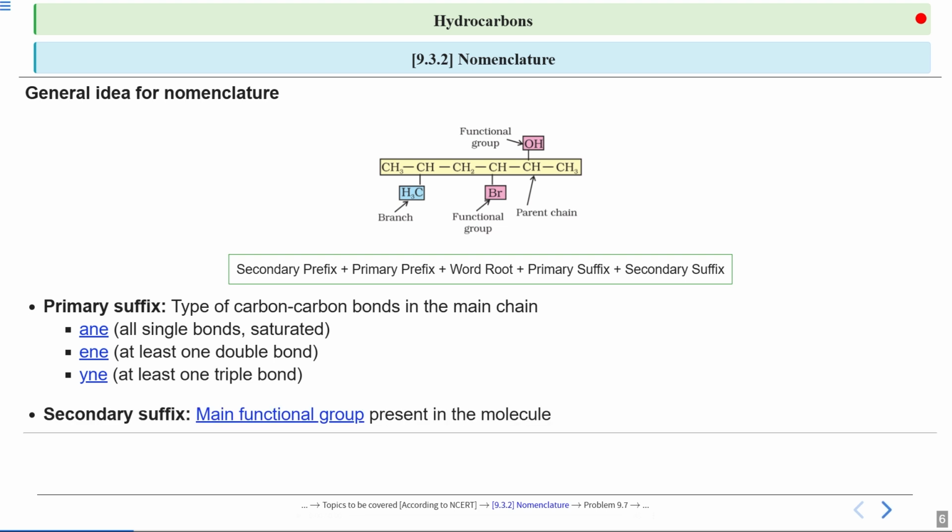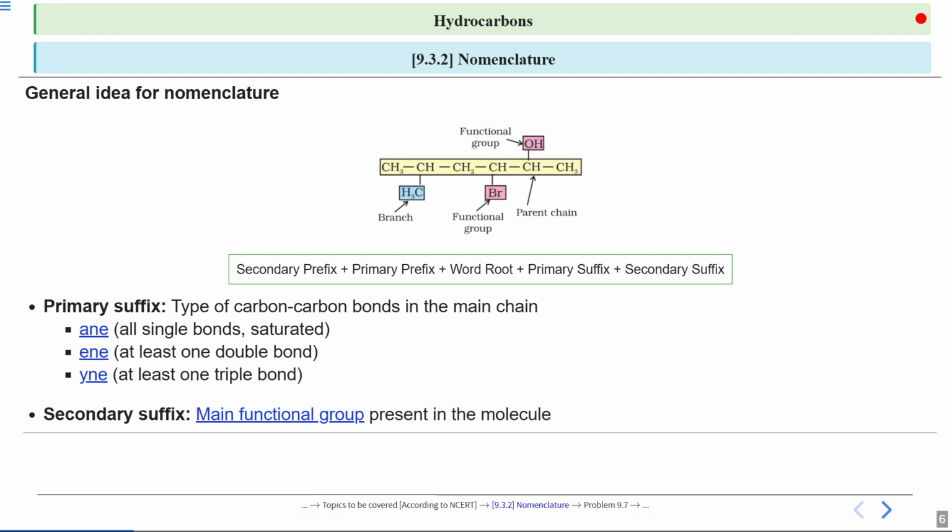So this is basically used for functional groups. So two things are there which are used for functional group. So first one is the secondary prefix, and second one is the secondary suffix. Now, if there is only one functional group, in most of the cases, we indicate that functional group with the help of secondary suffix. And if there are two functional groups, then one is considered as the main functional group or the primary one.